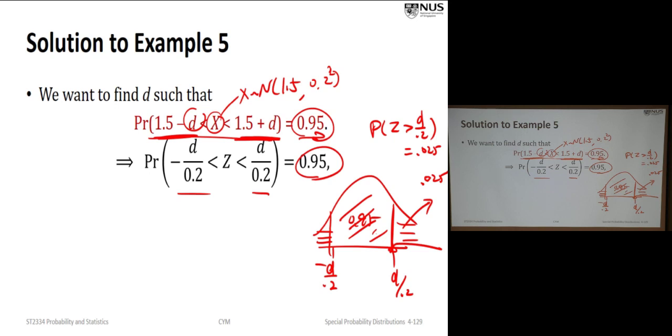We can do all this because we are working on a standard normal random variable which is symmetric about 0. So between D over 0.2 and minus D over 0.2, the probability is 95%, outside it is 5%, and they are equal because it's symmetric about 0.